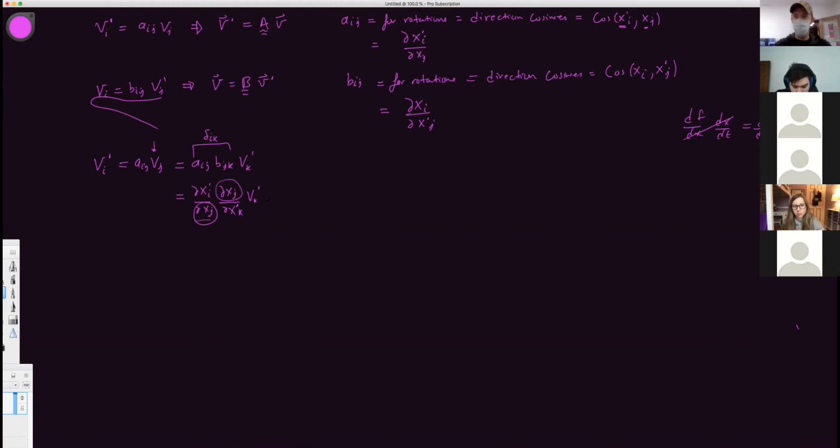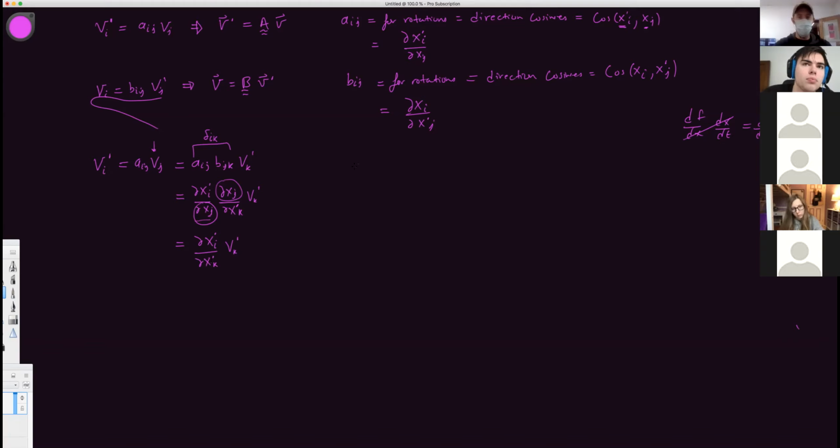These guys cancel each other out, and we'll have partial x prime i, partial x prime k, Vk prime, right? And remember that the i's are like, let's say for two-dimensional vectors, it would be partial x, partial y. Well, okay, let's write it out.